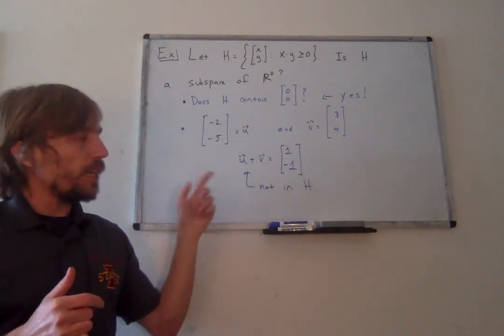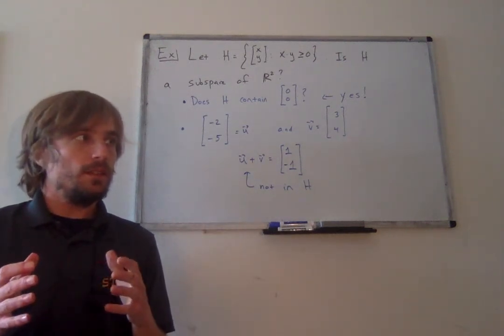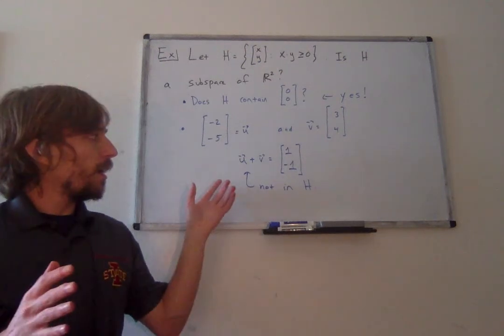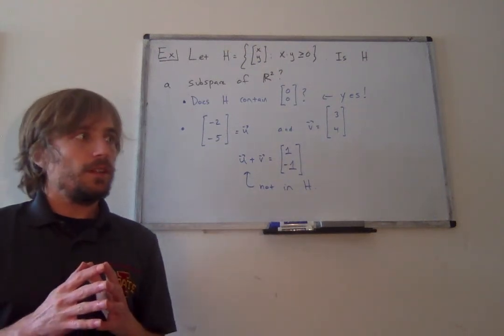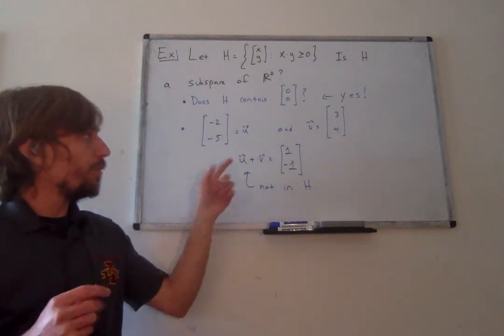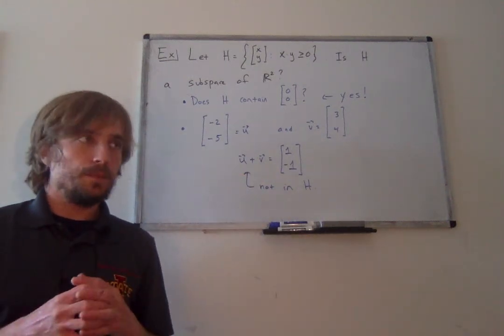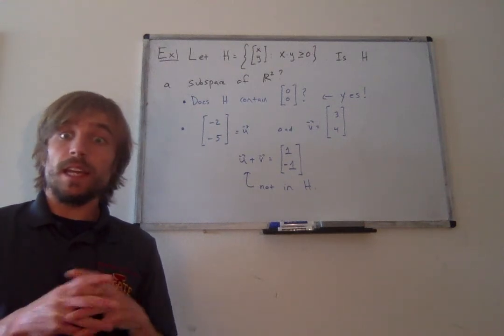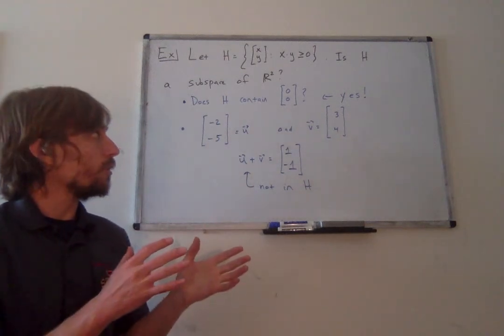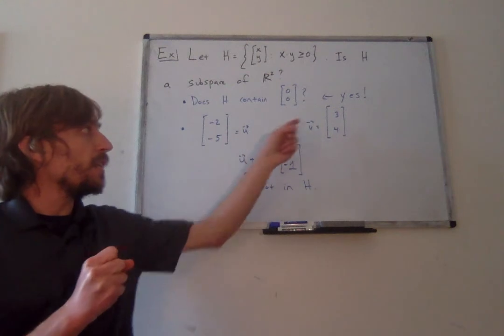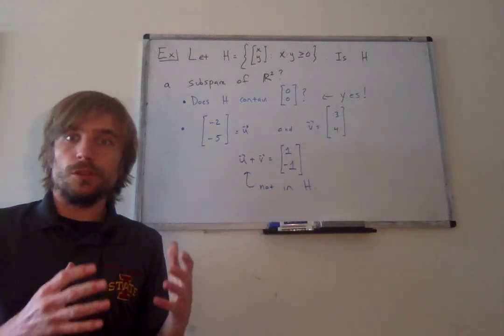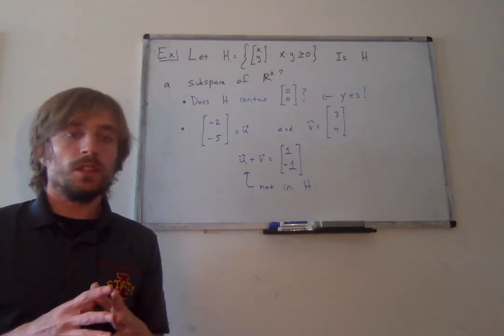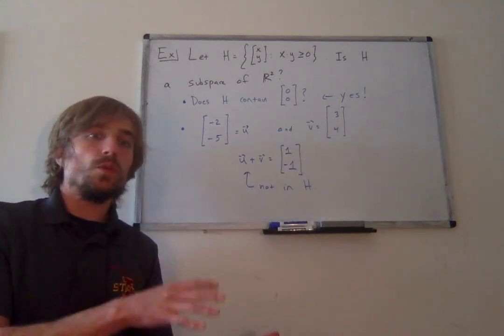Usually, after checking a few of these, if I check a few basic examples that I can think of, after that, if I haven't broken it yet, right? So if I hadn't found a counterexample like this, what I might have done is then looked at 2 general vectors, right? So replaced these with general, like u1, u2, v1, v2, or variables, and tried to work the other way.